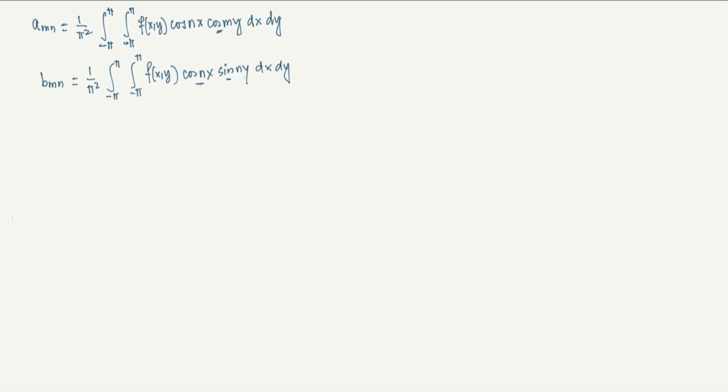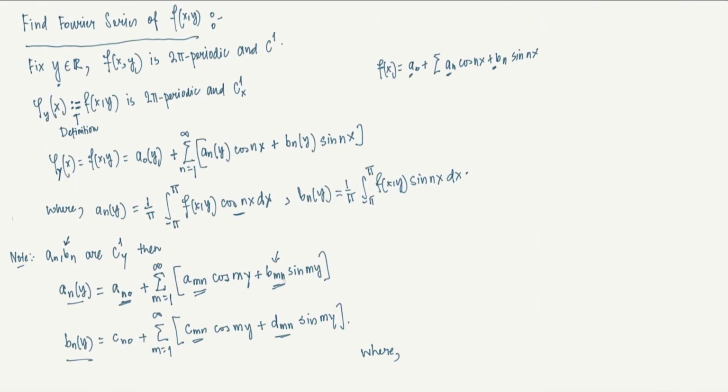Yeah, one second. This should be sine my. So this is what I'm saying. Yeah, there are two variables m and n, right? So you have to be very careful about it. See, think about it. What is b_{mn}? If you think about this particular coefficient b_{mn}, this is the Fourier coefficient with respect to the sine thing. So the integral of that sine part will be there, right? So that's what I'm writing here. Okay.